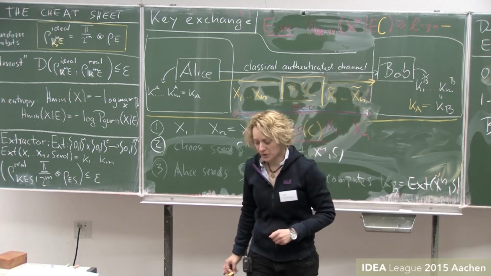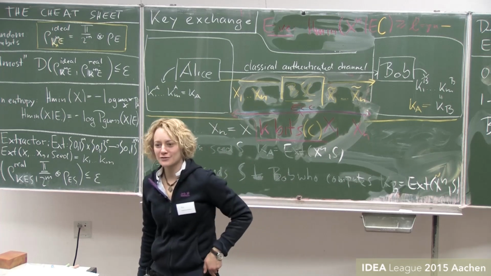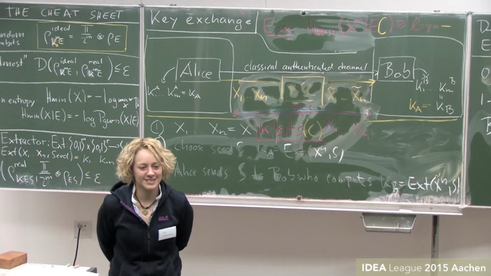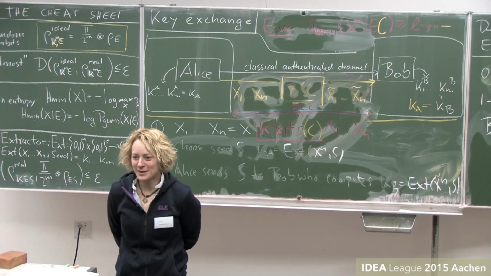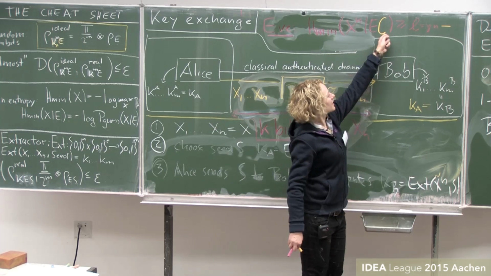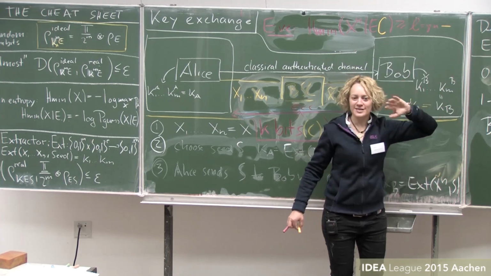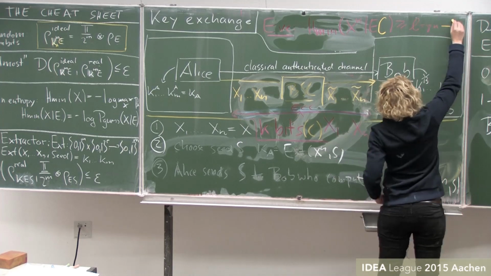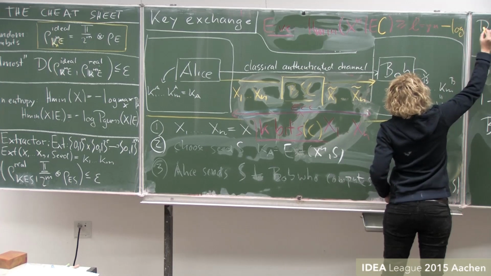Or how much extra information might we give to Eve? Yes, the dimension of C. Remember that we can always get rid of this by just subtracting the whole size of it. So here we can subtract the dimension of C.